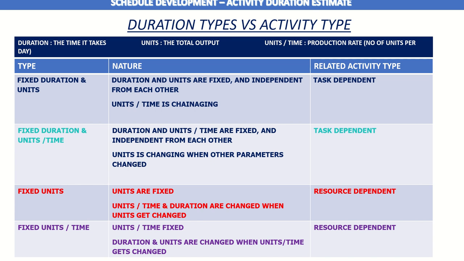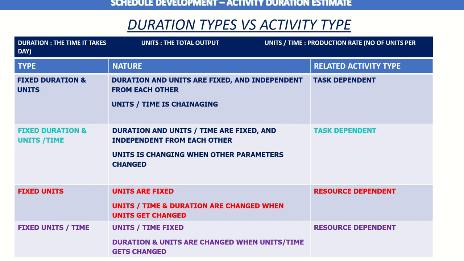That duration is fixed and the units are fixed. So the parameter that is changing is units per time. Units per time is the number of units that you are going to execute on a timely basis. It could be a day, or an hour, a week or a month.